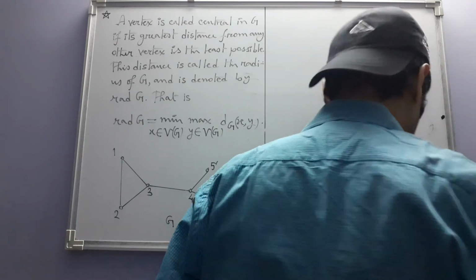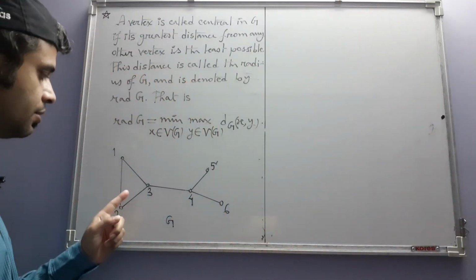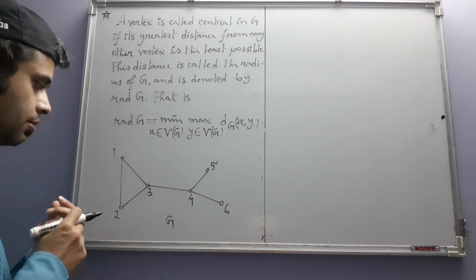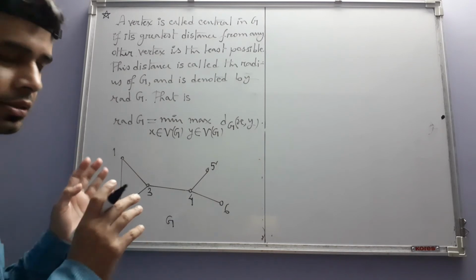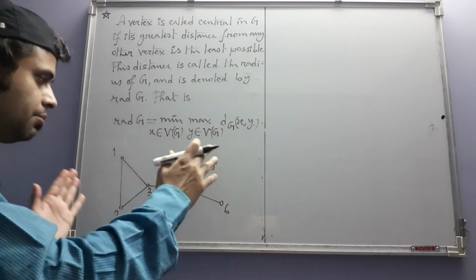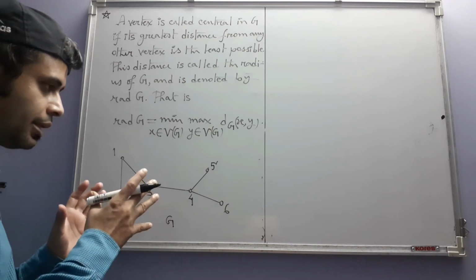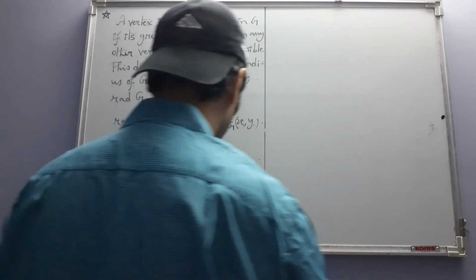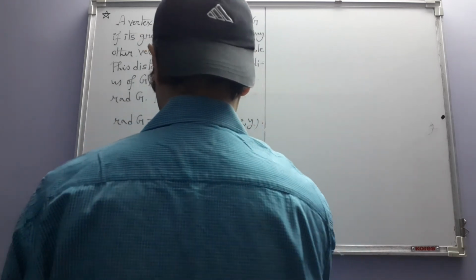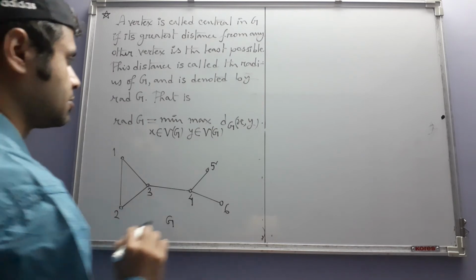Now a vertex will be called central if it has small maximum distances from the other vertices. There will be a maximum distance that is the smallest possible. So to understand that, let us calculate all the distances from each vertex.